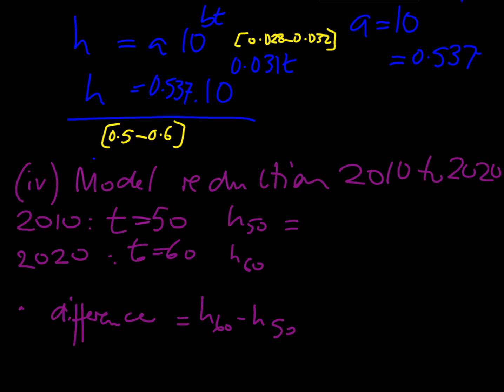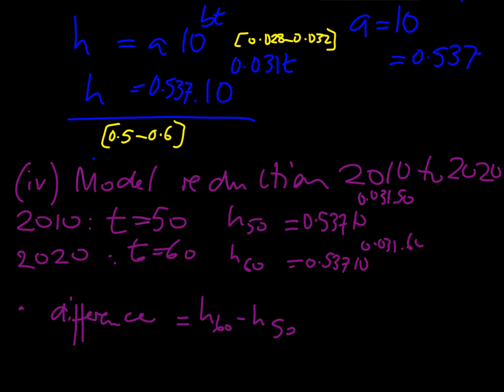So if we put these figures into our formula, 537, 10 to the 0.031 times 50, and the other one is going to be 0.537, 10 to the 0.031, times 60.